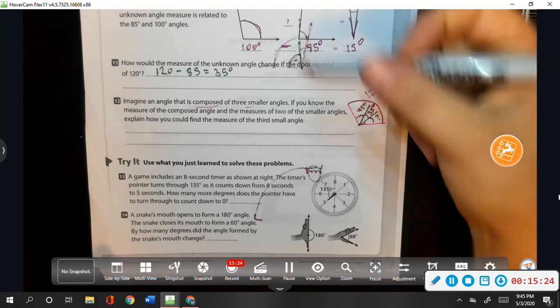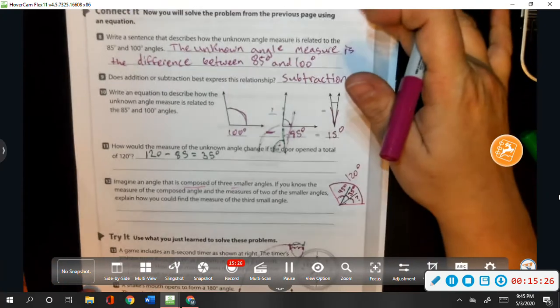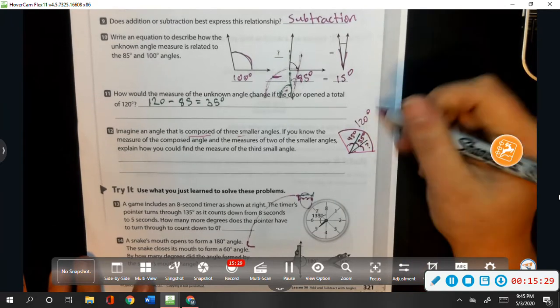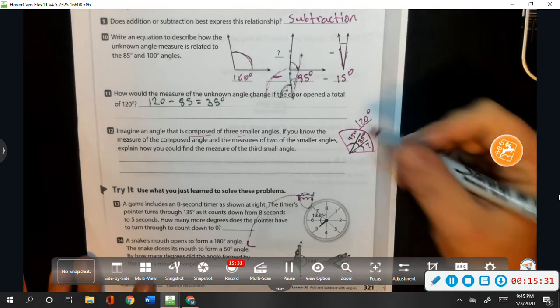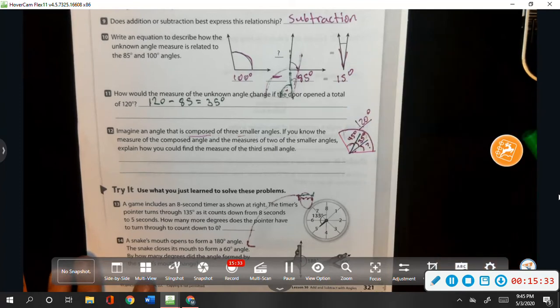Well, just as we did up here, we're going to take that total amount and find the difference.